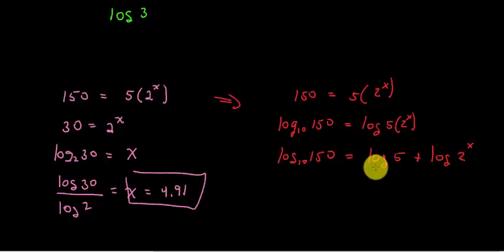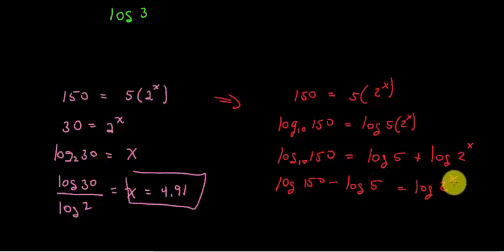And so now what I'll do is subtract the log base 10 of 5 to this side, and so that would give me log base 10 of 150 minus log base 10 of 5 is equal to log base 10 of 2 to the power of x. And from this point, even though this isn't log base 2, I can't just write it as x.